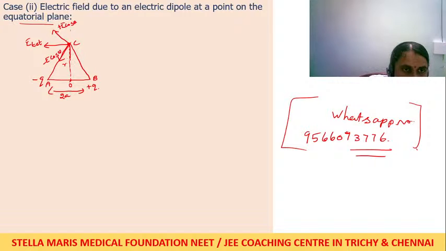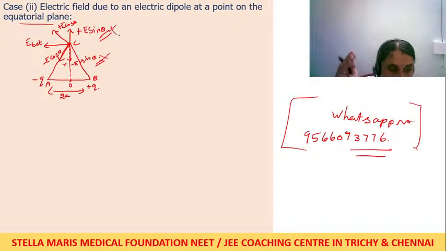For the sin theta, this is minus E sin theta, and vertically upward this is plus E sin theta. The plus E sin theta and minus E sin theta lie along the perpendicular line, so they cancel each other. So we can just consider minus E cos theta and plus E cos theta.